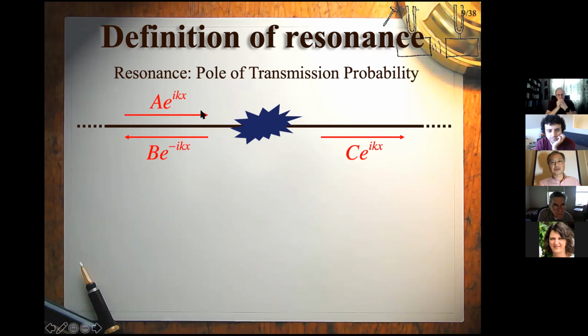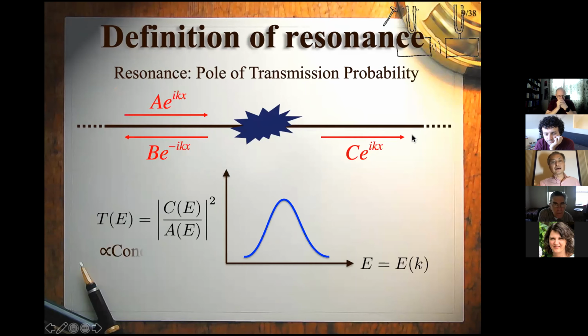This here is an incident wave, reflection wave, transmission wave, and transmission probability, which, according to the Landauer formula, is proportional to the conductance. It sometimes has a resonance peak.